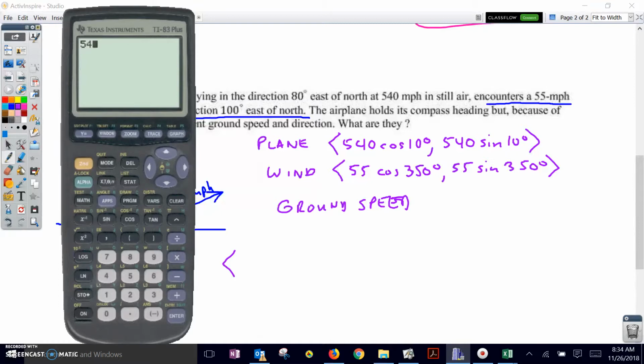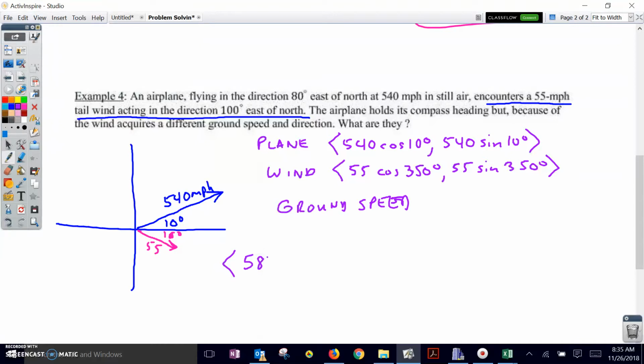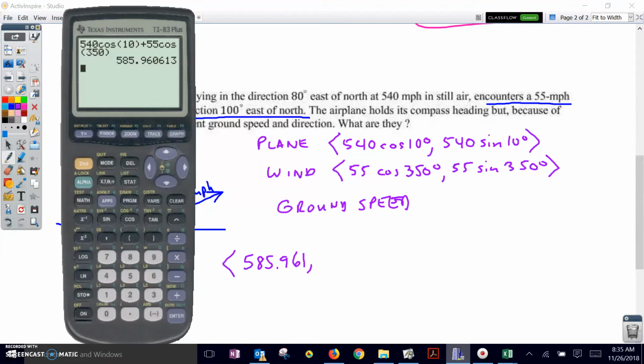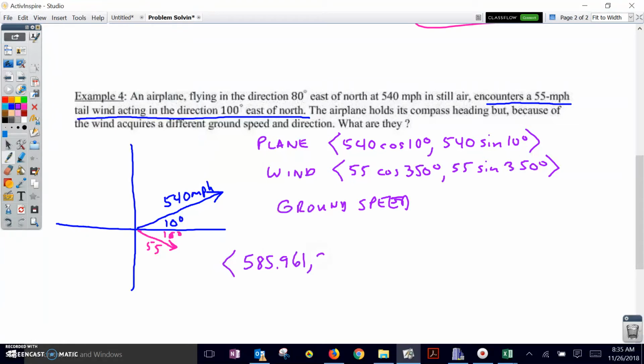Here we go, we've got 540 cosine of 10 plus 55 cosine of 350, 585.961, and the y component of the vector is 540 sine of 10 degrees plus 55 sine of 350, 84.219.